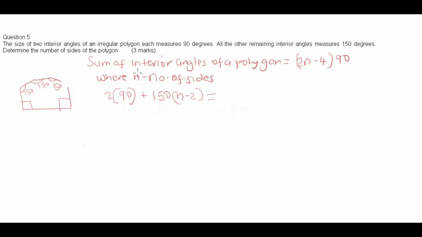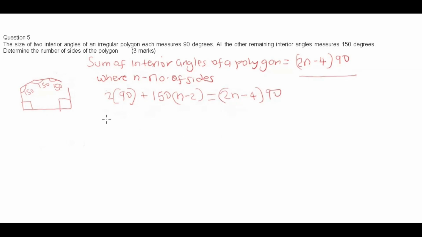This is the same as the sum of the interior angles of the polygon, so we equate it to (2n minus 4) times 90. Remember, on the left side, when you add this, it gives you the sum of the interior angles, and this is the formula for getting the sum of the interior angles.